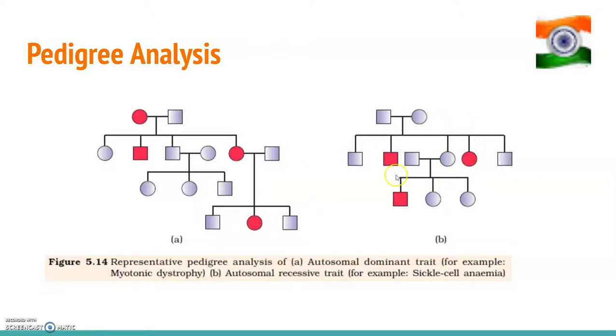Whereas in this case we find that the trait is recessive, because it is not there in the parents, but it does appear in the next generation. So it is a recessive trait which may not be there in the parents, but it does appear in the next generation. Here it was there in the parental characters, and it has appeared as a dominant trait in the next generation.